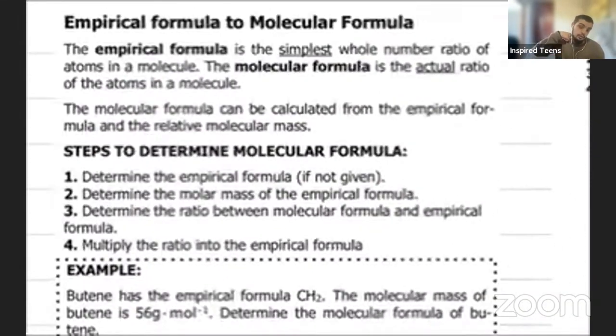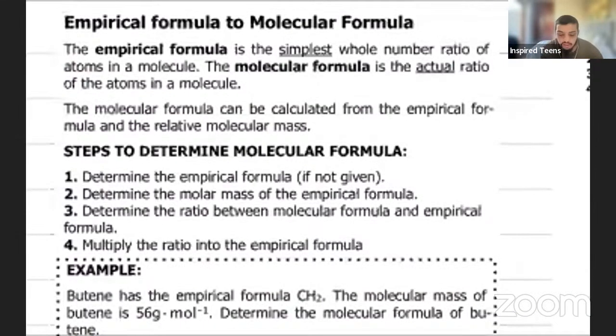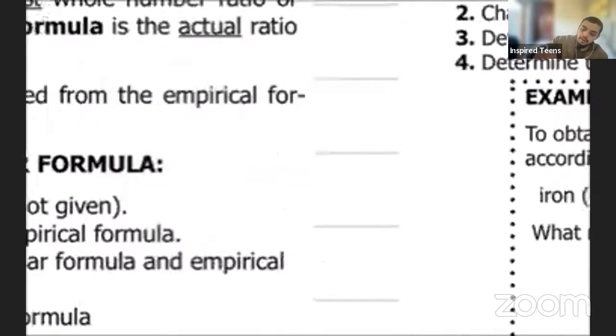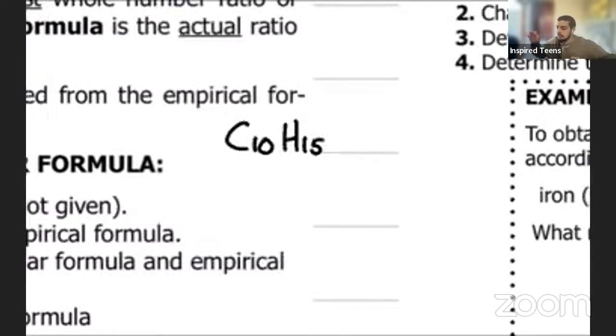Empirical formula to molecular formula. Remember, empirical formula is the simplest whole number ratio, while molecular formula is the actual amount that we need for that compound. For example, if a certain compound has a formula of C10H15, meaning you need 10 carbons and 15 hydrogens to form this compound, this would be its molecular formula, which we can simplify to a ratio of C2H3.